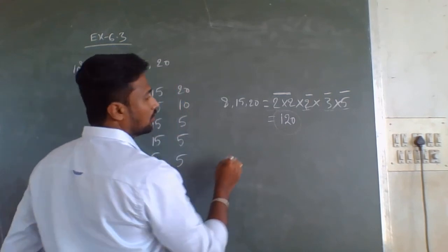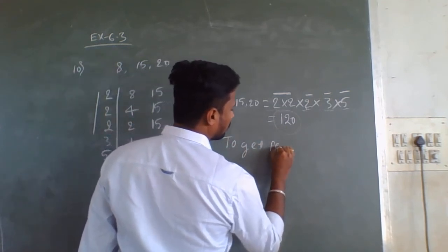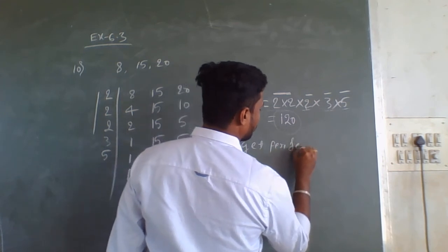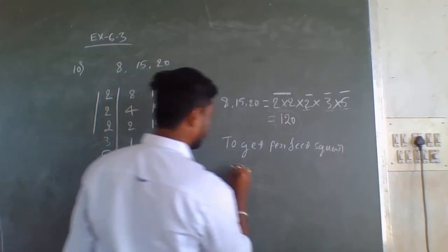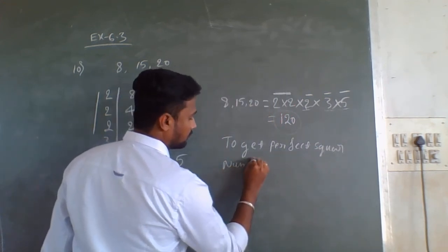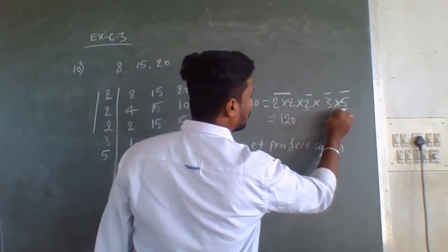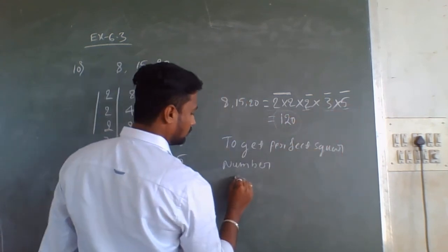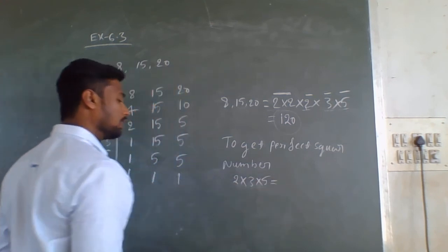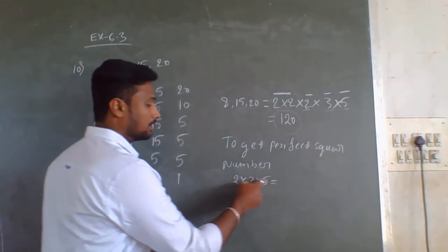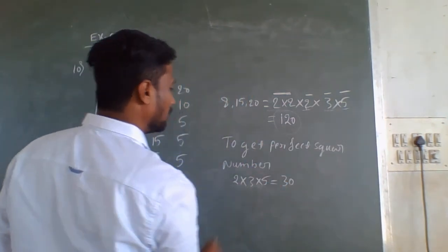So to get a perfect square number, what should I do? I should multiply this 2, 3, 5. 2 into 3 into 5, what will you get? 2 threes are 6, 6 fives are 30. So I should multiply this 120 with 30.